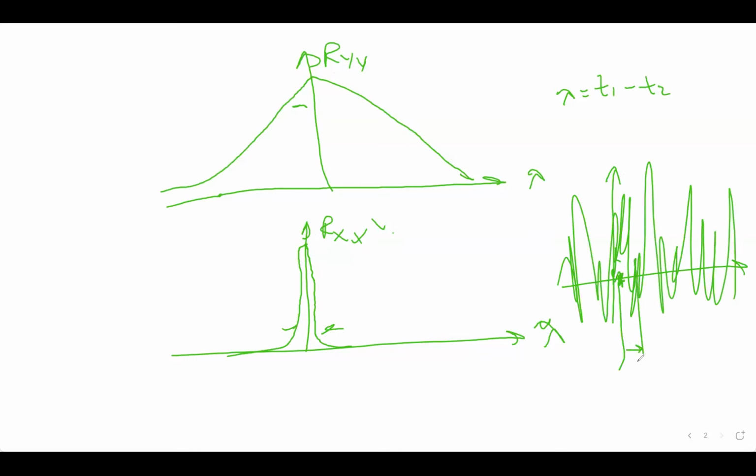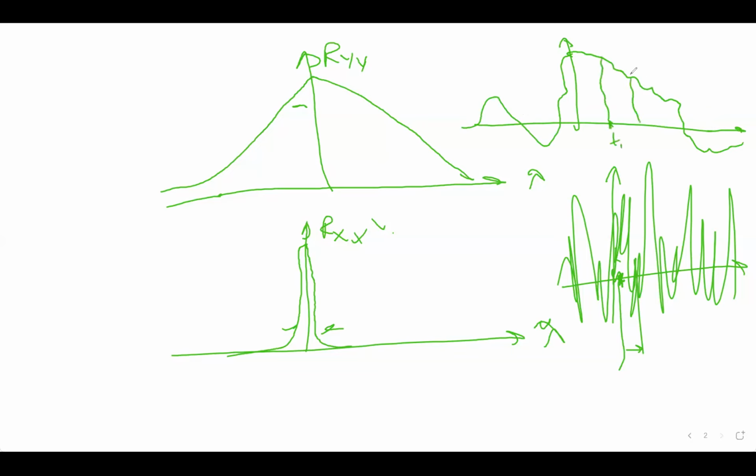But in the first case, because y was changing much more slowly, this is the signal in time. It is random, but it still changes very slowly. So if you are at a certain time t, the signal is highly correlated even after some time t2, where lambda is the difference between the times.